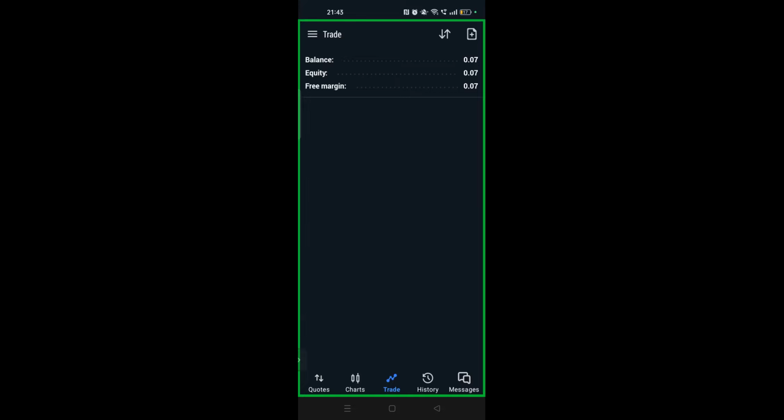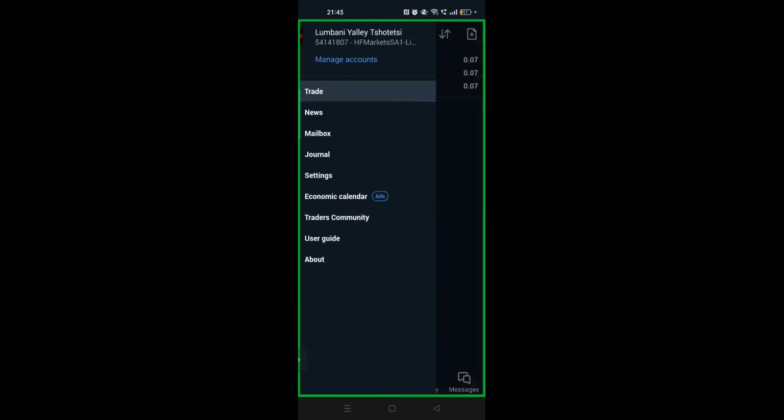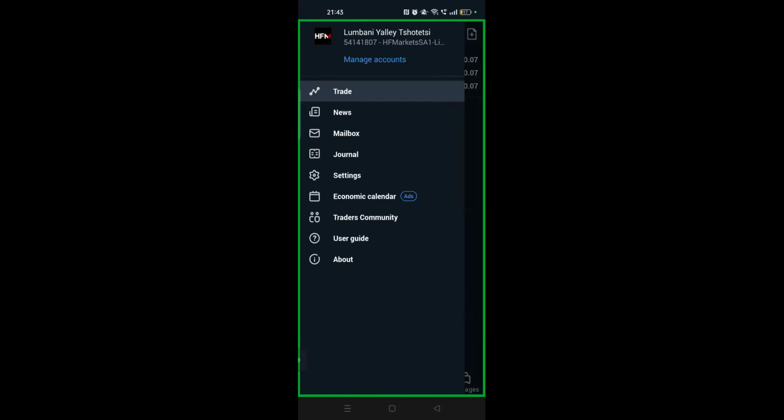Now let's go to menu. Please click on the menu at the top. Over here, you see your name. You can manage accounts. As I said, MT4 and MT5 is a neutral platform where you can connect different brokers and different assets at the same time. So we go to manage accounts. Press on manage accounts.